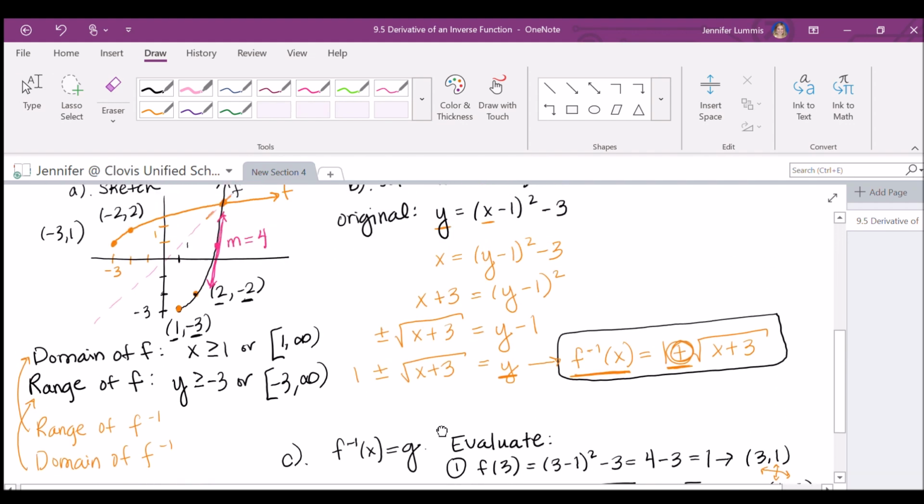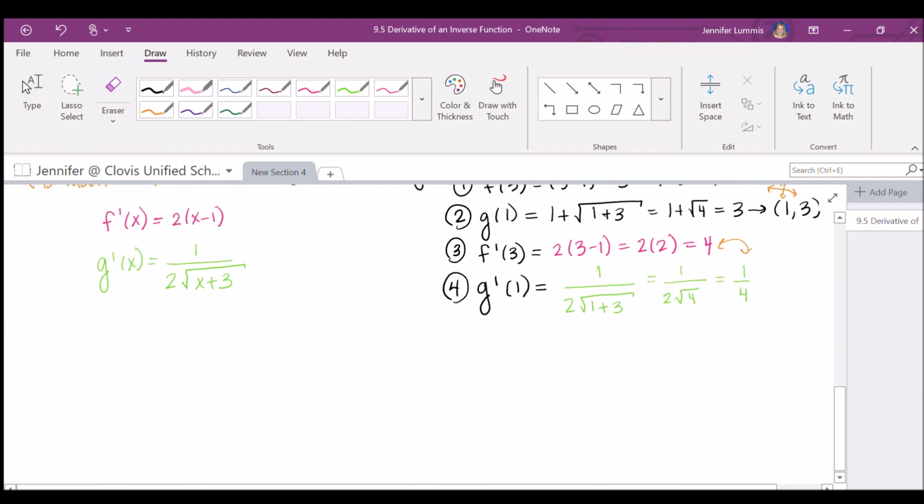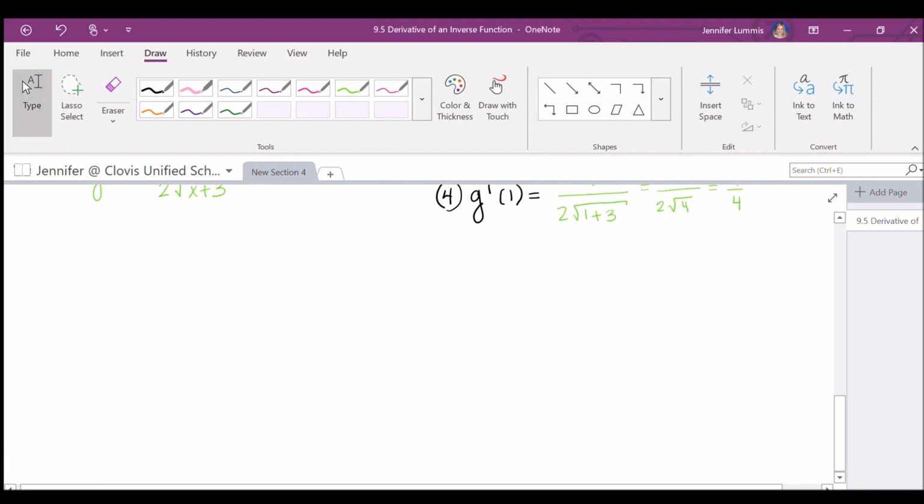On the inverse, at the point 1, 3, which would be here, we would have a tangent line, and its slope is 1/4. So at these corresponding points, we have reciprocal slopes. And that's going to bring us to this equation, this formula that we have.